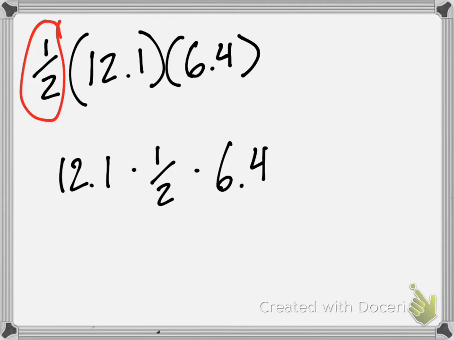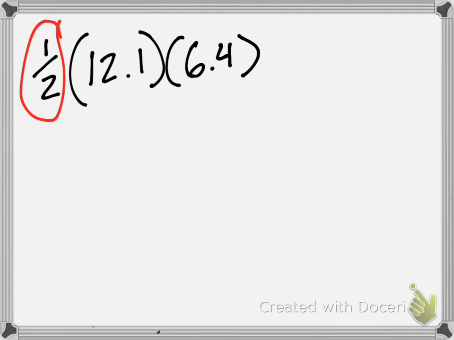So the easiest thing that I like to do is pick one that's even, and I'll go ahead and already divide that by 2. So 6.4, that's even. I'm going to get rid of my 1/2 and my 6.4, and just divide them out. So it becomes 12.1 and half of 6.4, which is 3.2. Then I skip that end step of dividing it all.